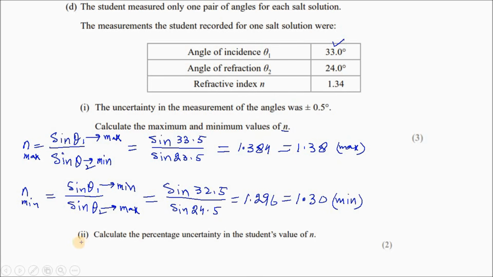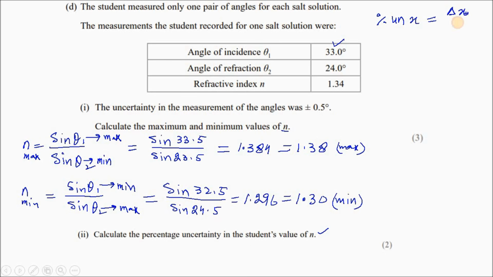Okay, next part: calculate the percentage uncertainty in the student's value of n. If you need to find percentage uncertainty in any quantity, let's suppose quantity x, how do you find it?